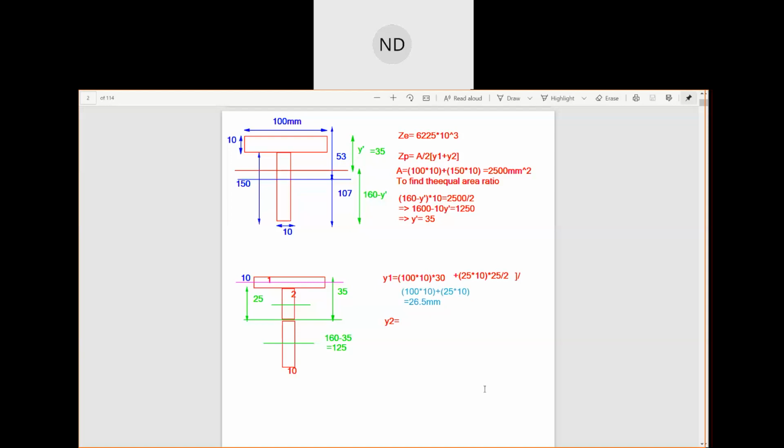Y2 is the CG of this member from the equal area axis. Since there is only one single member, we can find y2 directly, which is the CG of this member with respect to the equal area axis. How much is the distance? 125 divided by 2. That will be 62.5 mm. Okay.